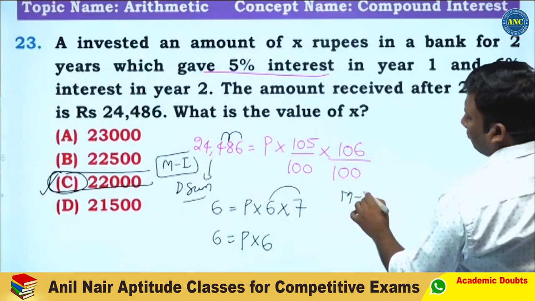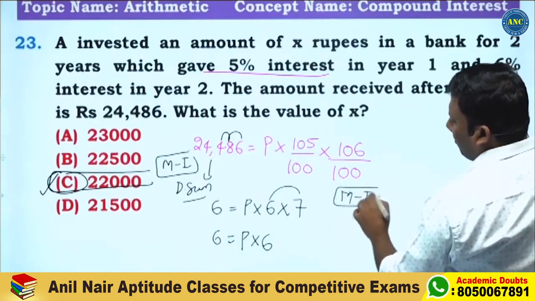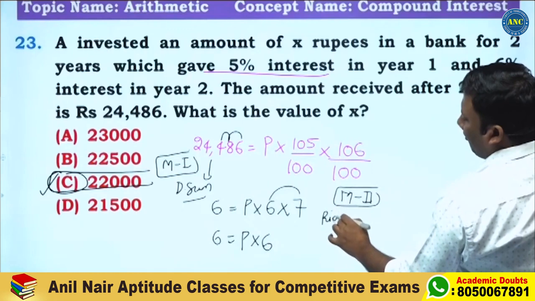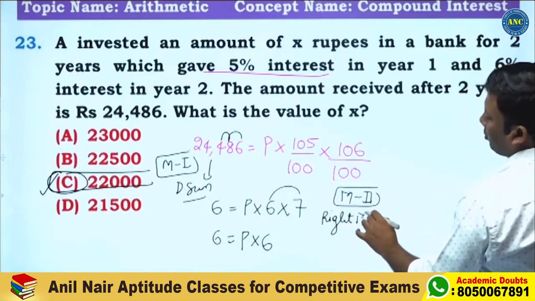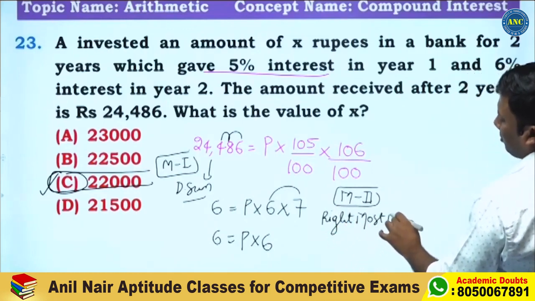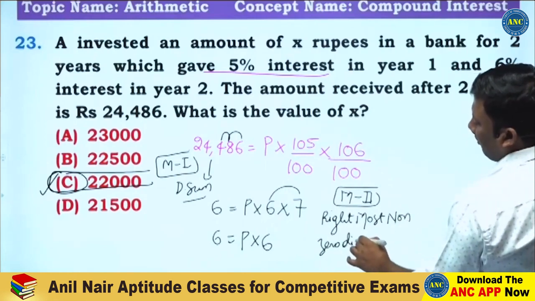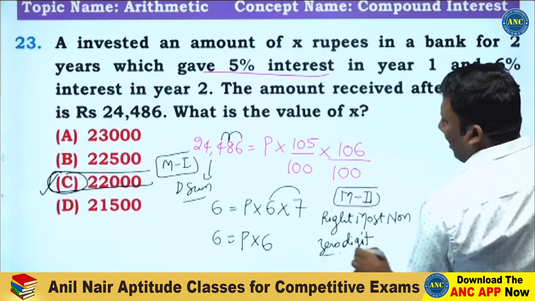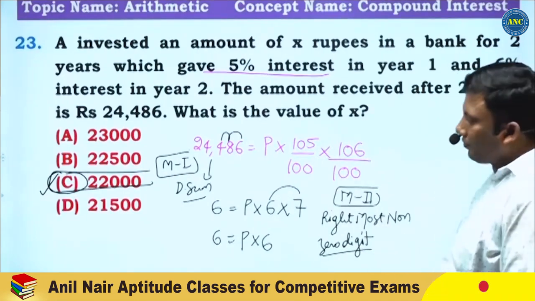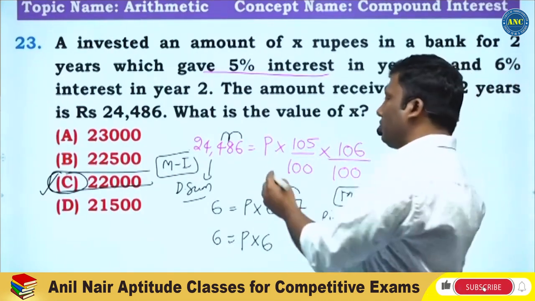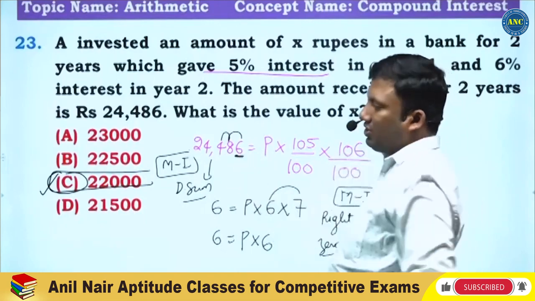Method 2, by using the concept of rightmost non-zero digit. That also will give you the answer. Now see here. What is the rightmost non-zero digit here? 6.